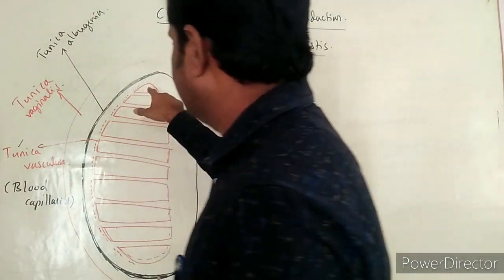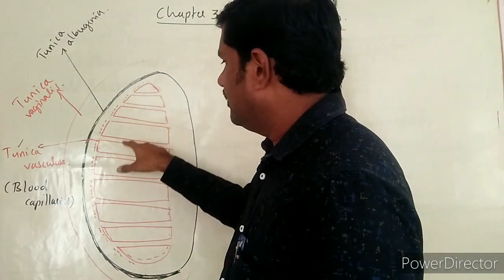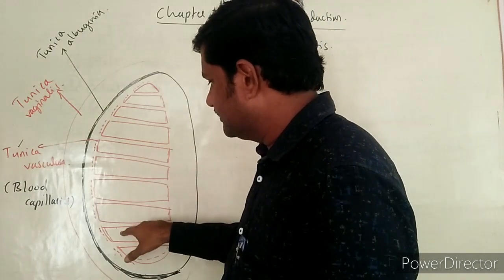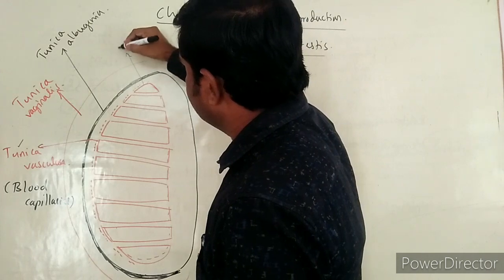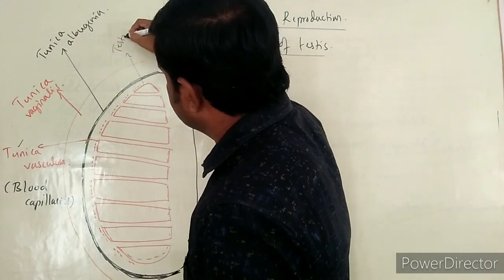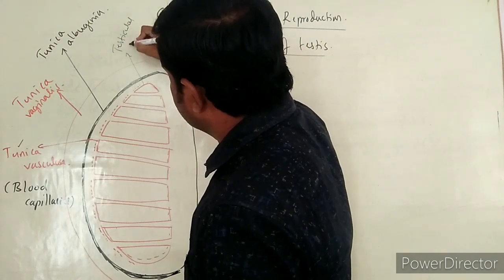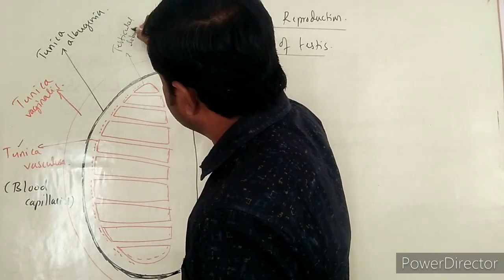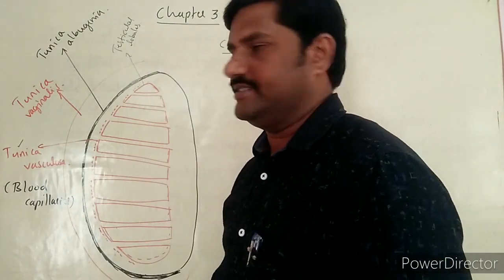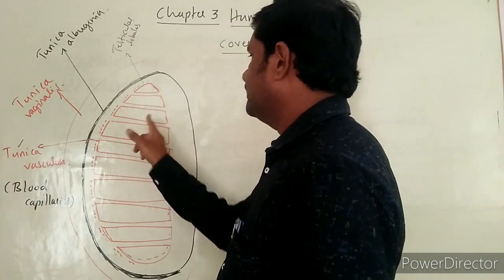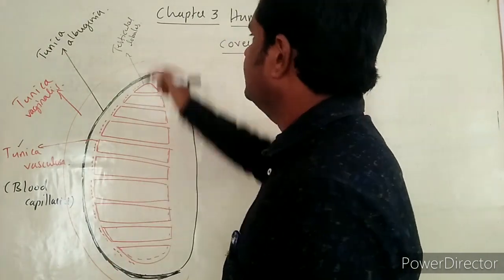Now we are seeing many testicular lobules here. They are called testicular lobules. How many are there in each testis?